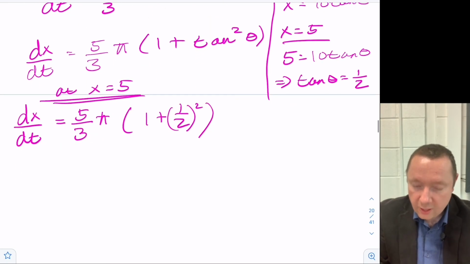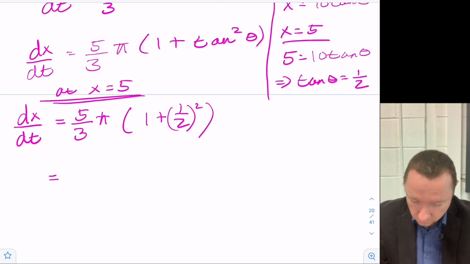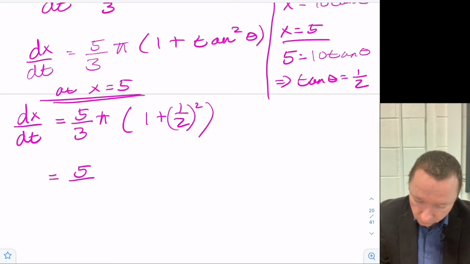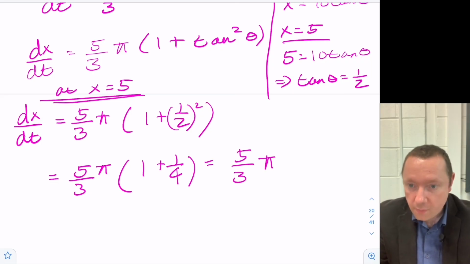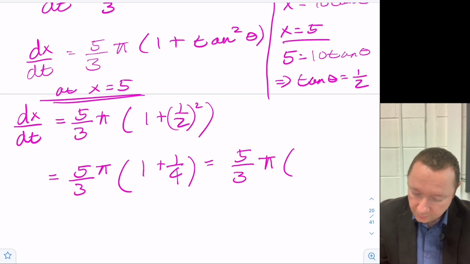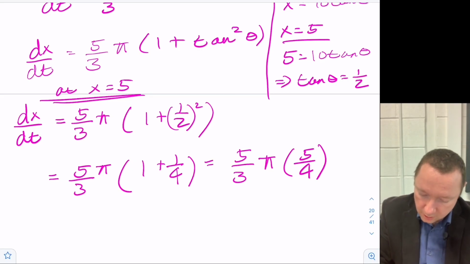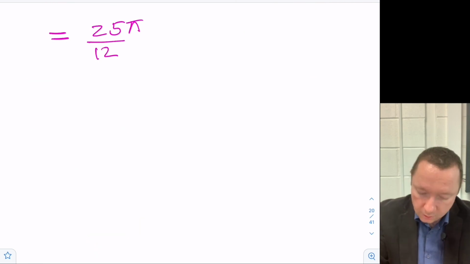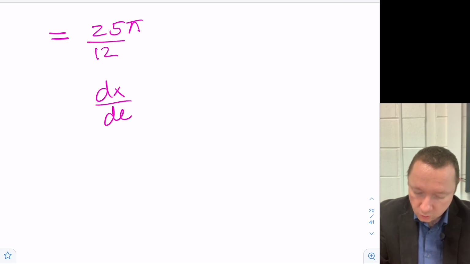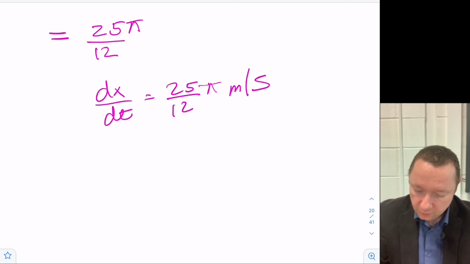So that equals 5 over 3 pi times 1 plus a quarter, which is 5 over 3 pi times 5 quarters. So that equals 25 pi over 12. So dx by dt equals 25 over 12 pi metres per second for our units.